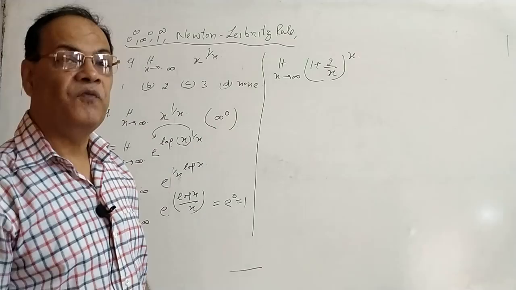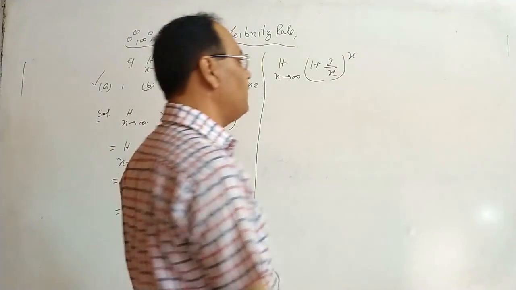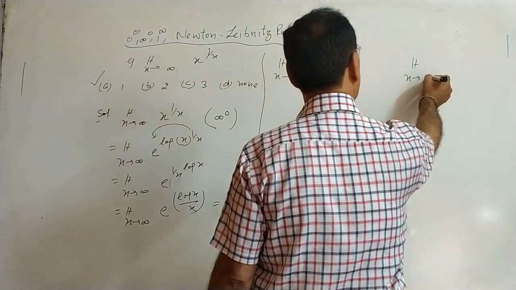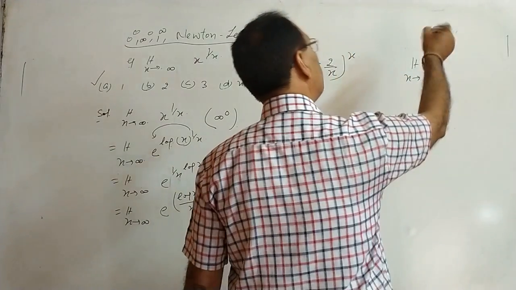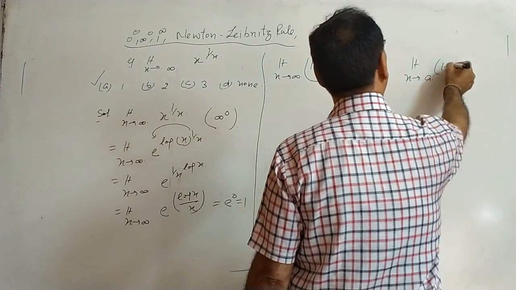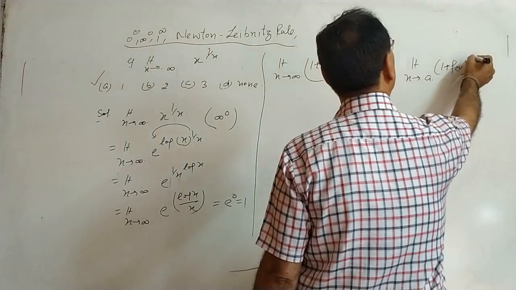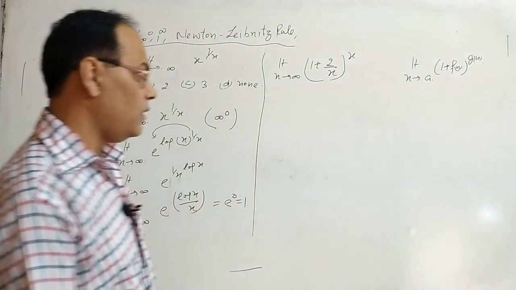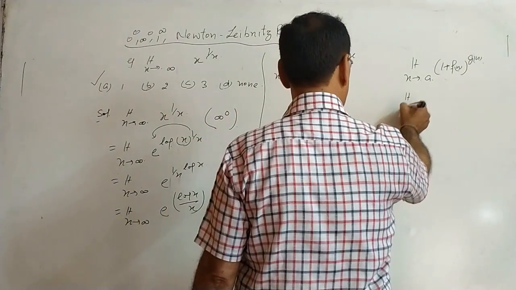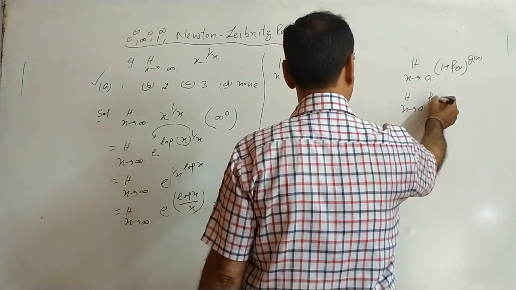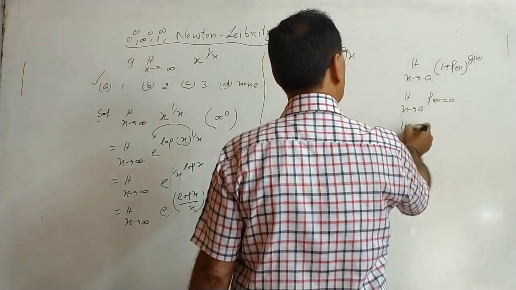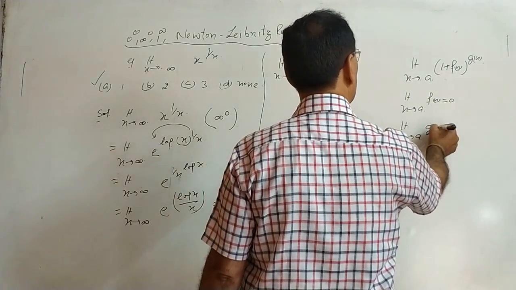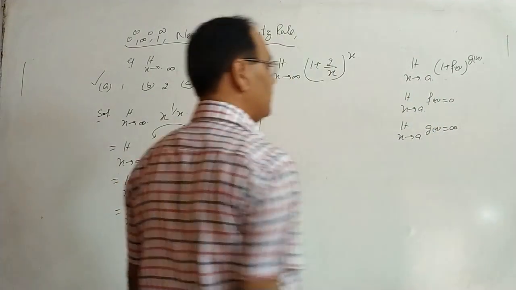If we are given the form 1 plus 0 raised to power infinite, when we are taking the limit x approaches a of 1 plus f of x, then its power is g of x. When we take the limit of f of x, this is equal to 0, and the limit x approaches a of the power, this becomes infinite.